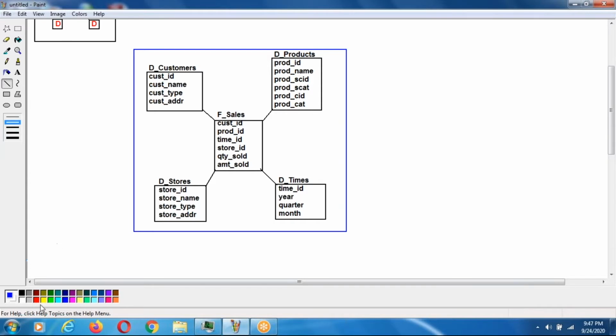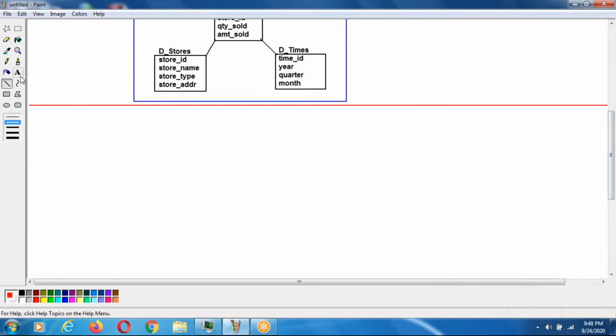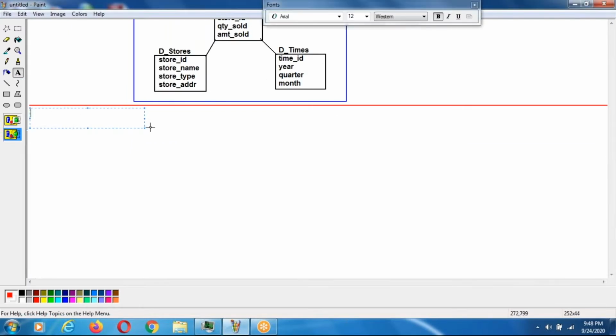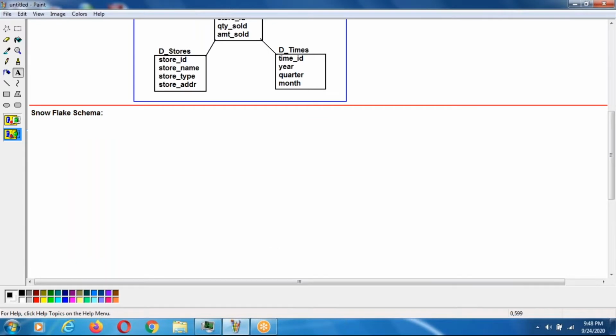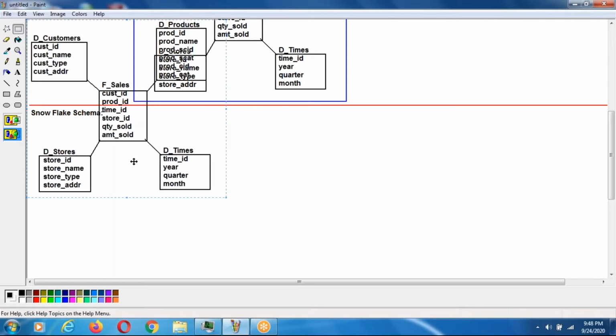Next, Snowflake schema. So what is this Snowflake schema?